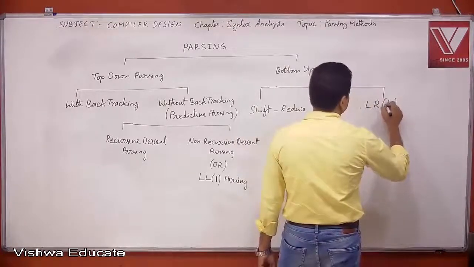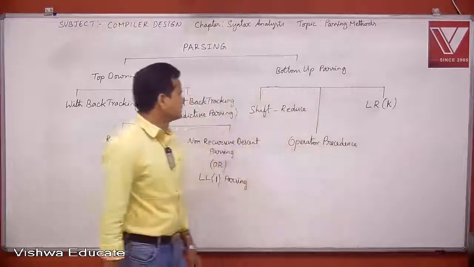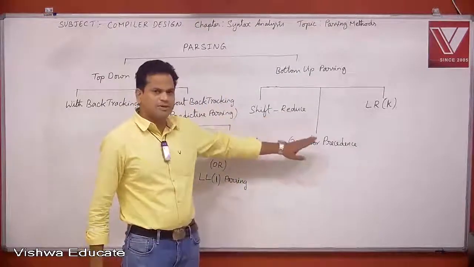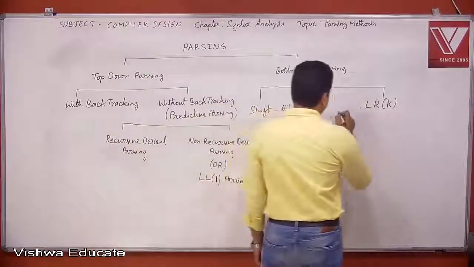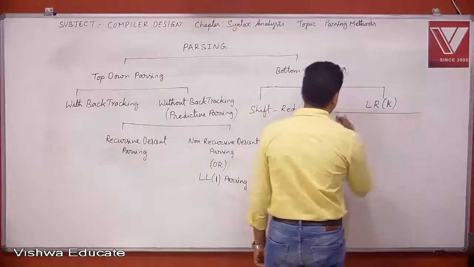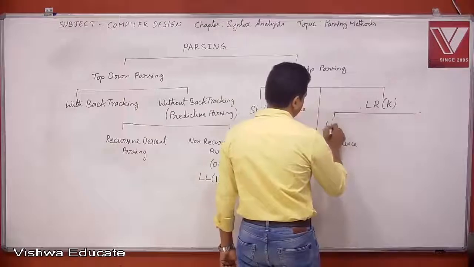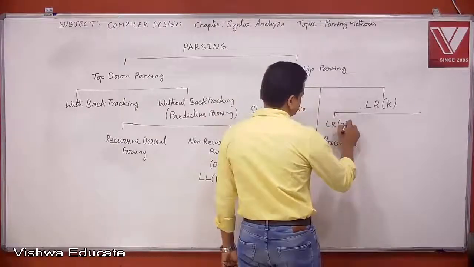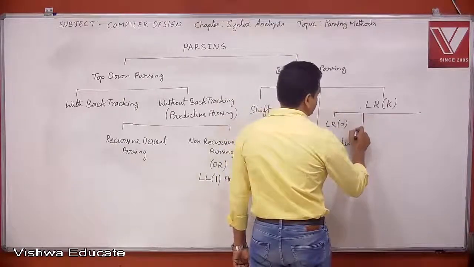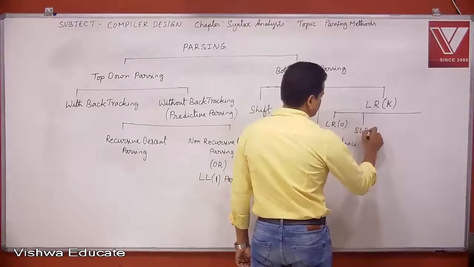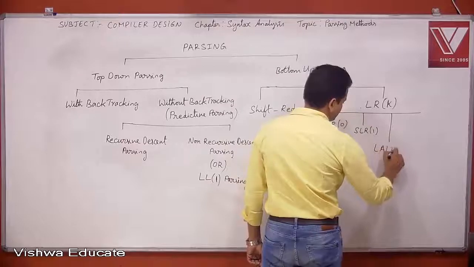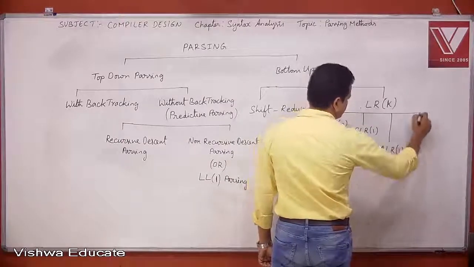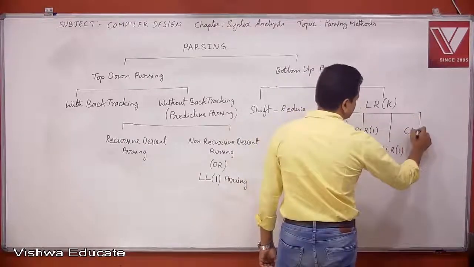Shift reduce parsing, operator precedence parsing and LR of K. In LR of K, again LR of 0 parsing and SLR of 1 parsing and LALR of 1 parsing, finally CLR of 1 parsing.